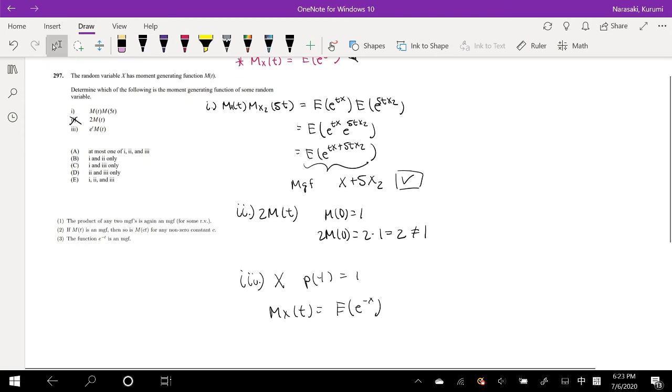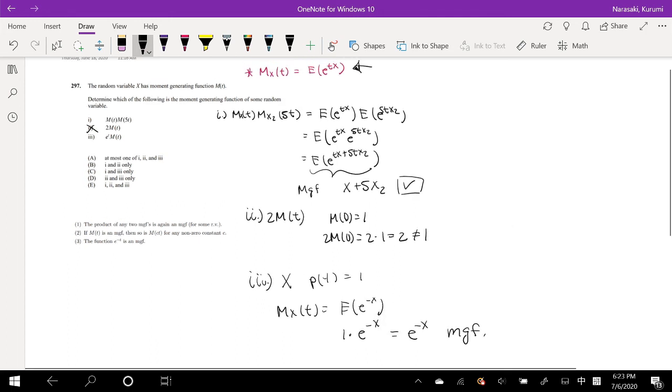Well, the expectation is just the probability times the actual value, so 1 times e to the negative t, which is just equal to e to the negative t. So thus proving that e to the negative t is indeed an MGF.